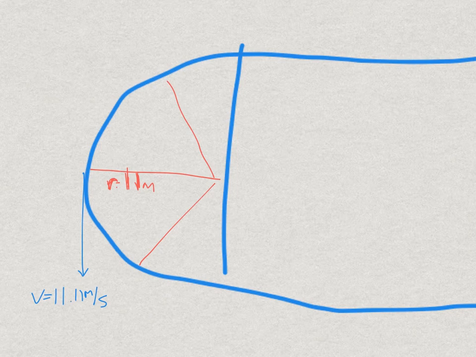So my centripetal acceleration is equal to speed squared divided by the radius. So 11.11 meters per second, squared, divided by a radius of 11 meters. Oops, I can't erase that, so I'll just scribble it out.